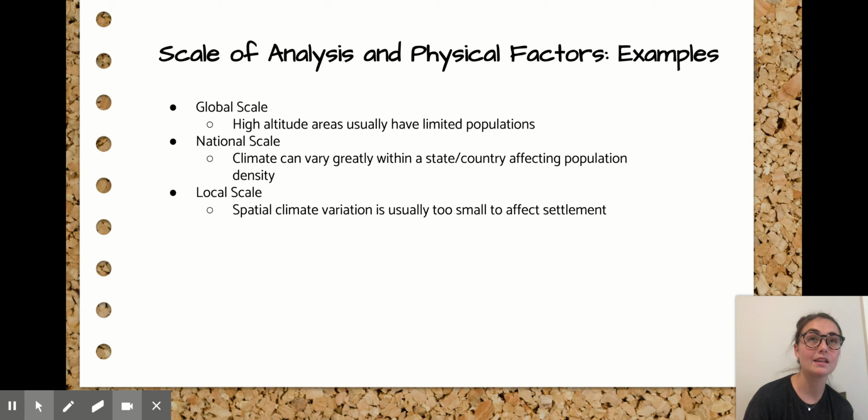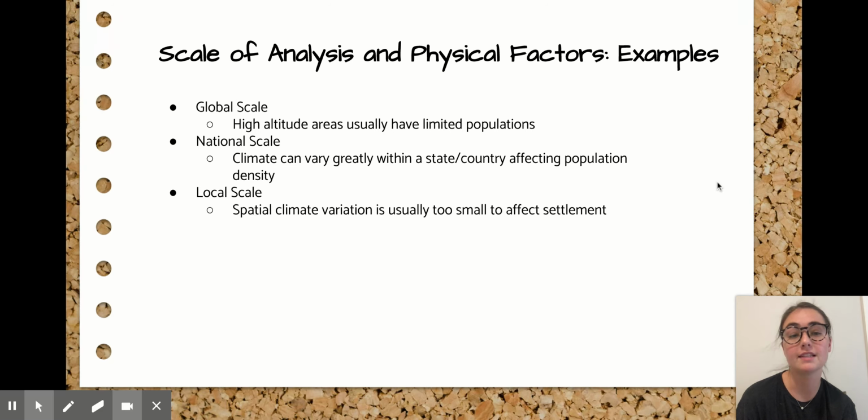So just because at a global scale people aren't really living in super high altitude areas doesn't mean at a national scale where people are living that they're avoiding the high altitude areas. It just changes based on scale.